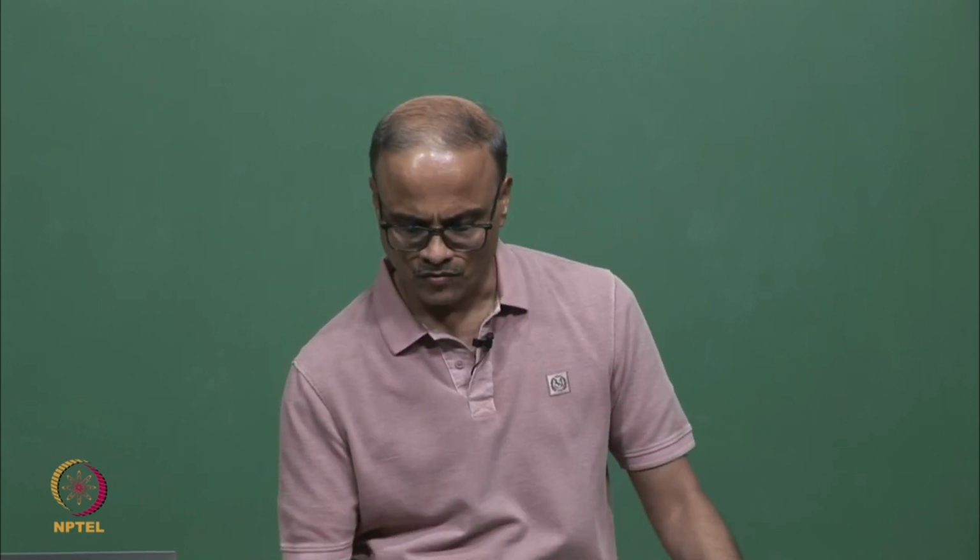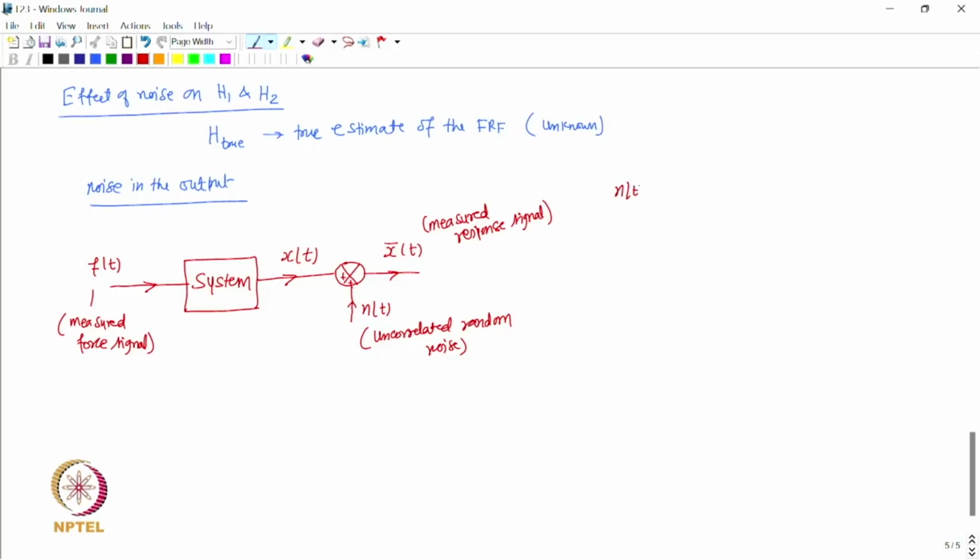So, n of t may be due to some extraneous excitation of the structure, for example due to some ambient sources, okay.